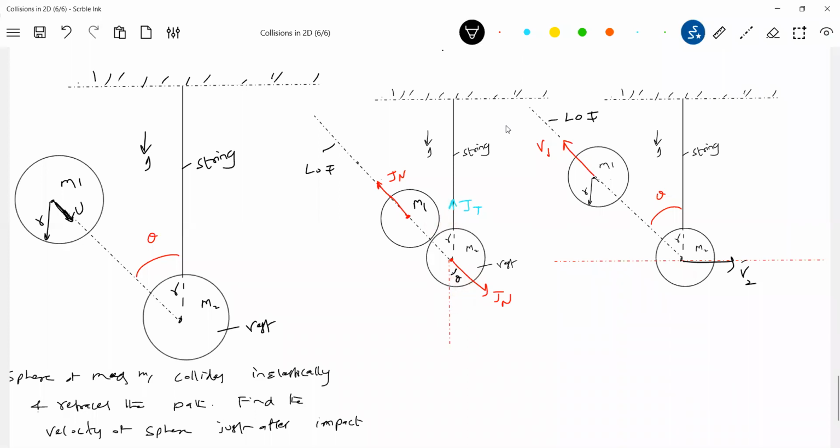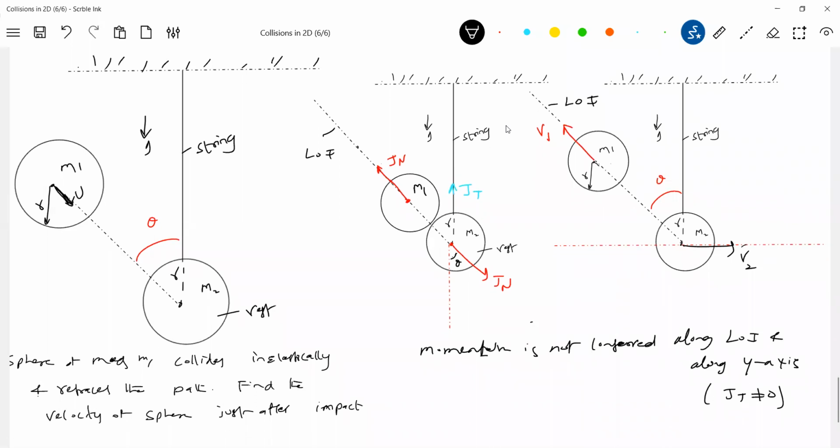So momentum is not conserved along the line of impact and along the y-axis. The reason for that is JT is non-zero. So in whichever direction you want, what you have to check is whether the linear impulse is zero or non-zero in that direction.